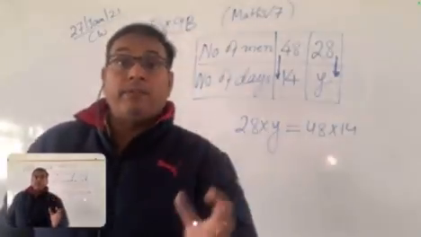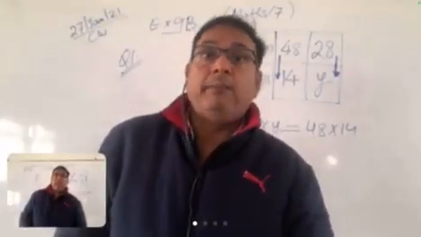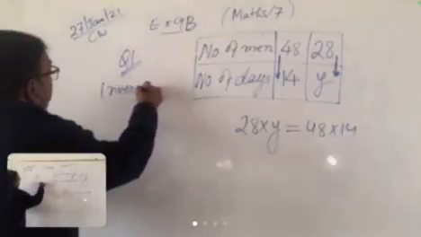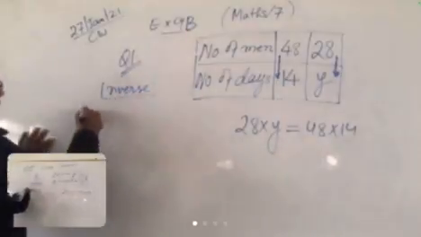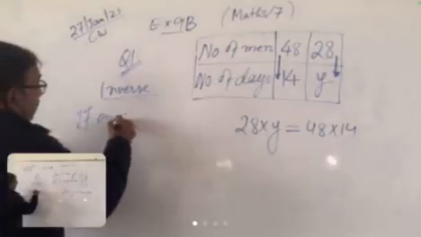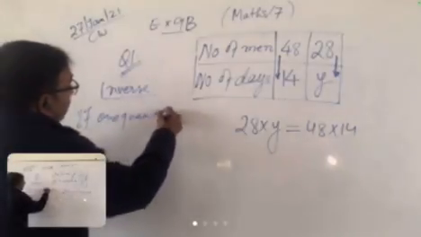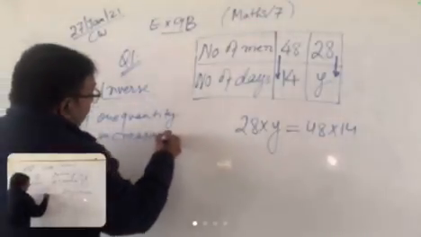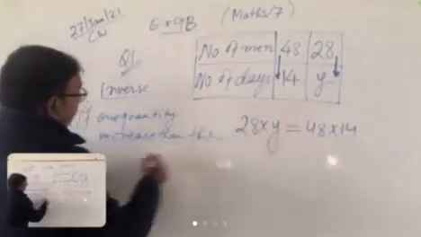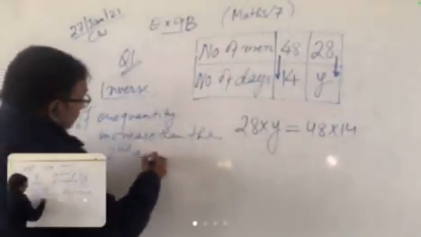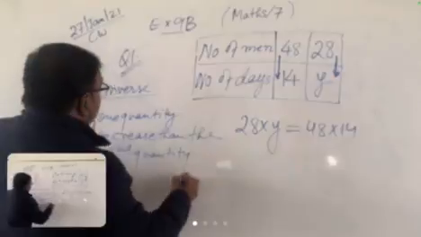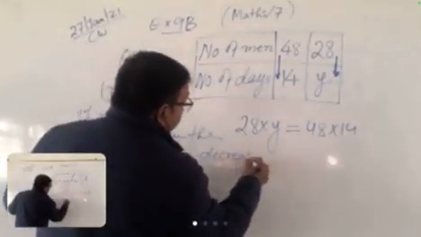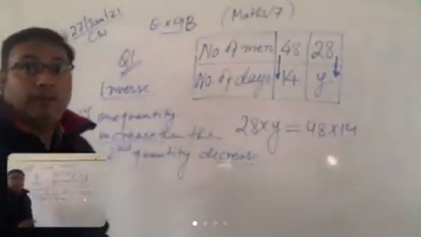It is an inverse variation, and inverse variation means that if one quantity increases, then the second quantity decreases. Everyone must write this first.